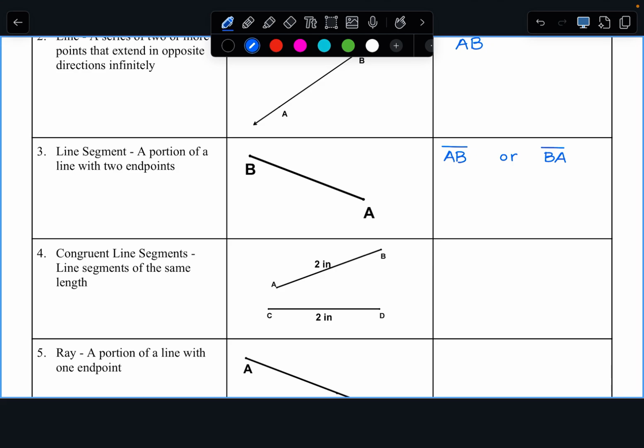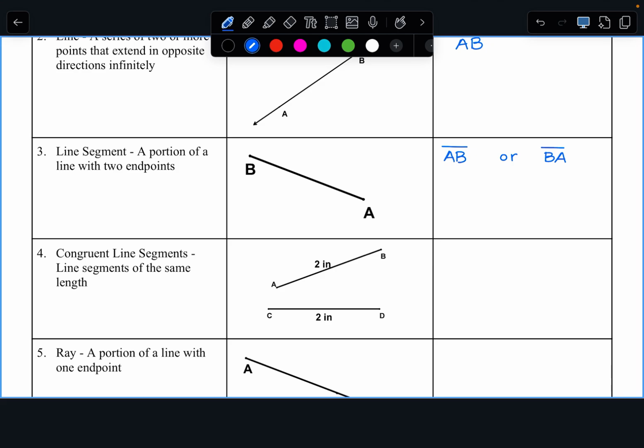Congruent line segments means they're line segments that have the exact same length. So what you'll see up there is that one of them is AB, and it shows that it's 2 inches. And the other one is CD, which is also 2 inches.